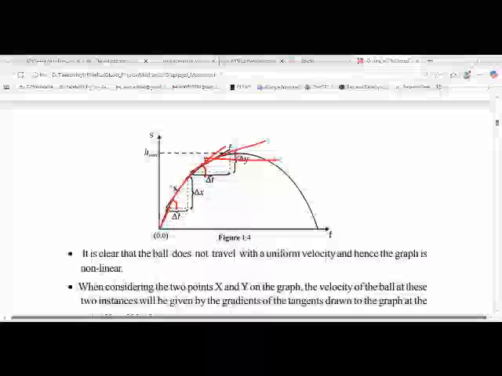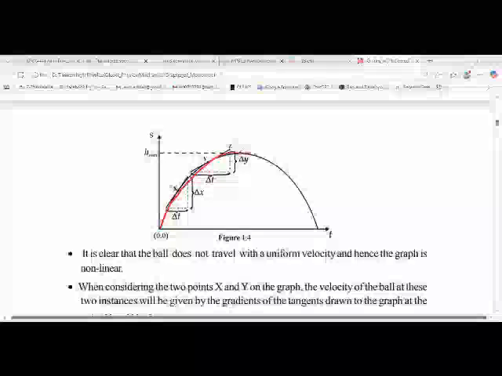Then gradient is decreasing. Then what about velocity? Velocity is also decreasing. Then this curve represents deceleration.